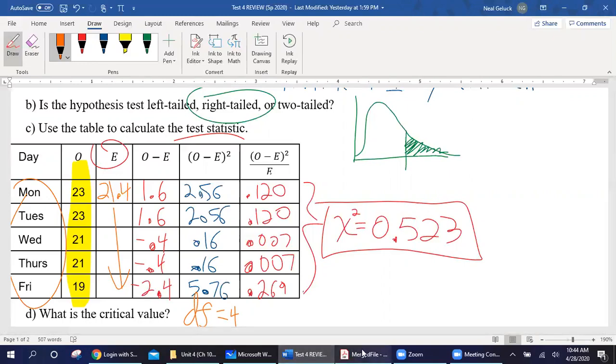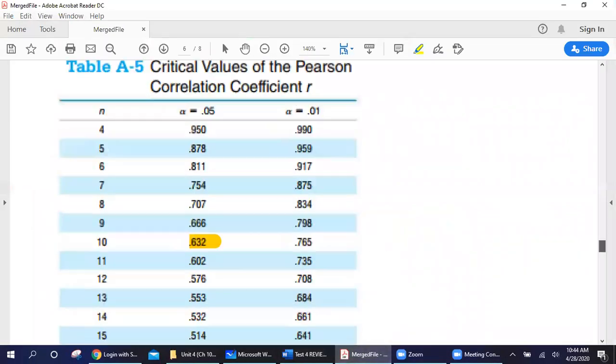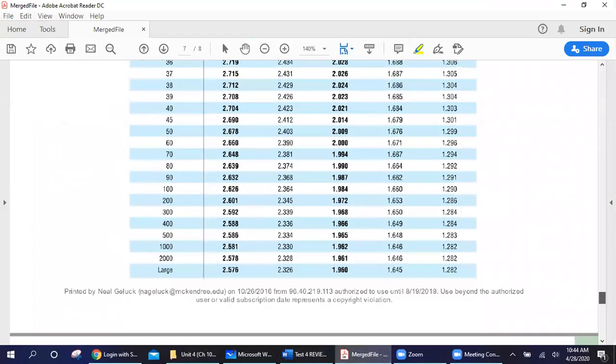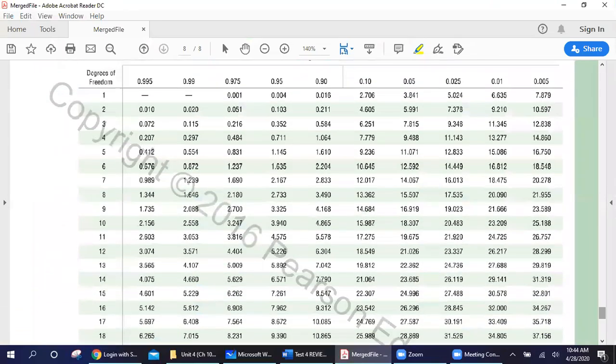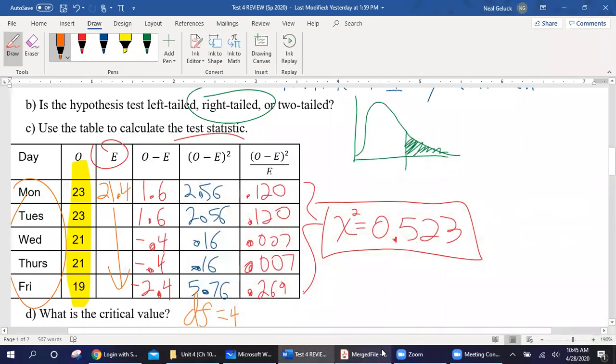So now we're going to our chi-square table, 4 degrees of freedom and 0.05. So 9.488 is my critical value.